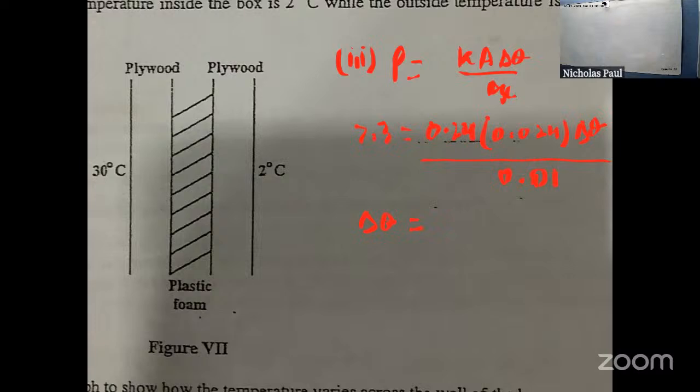But you all got to the temperature change. The temperature change is subject to the formula, right? So they want the temperature change, and then use that to find the temperature on the foam side there, at the interface of the plywood and the foam.